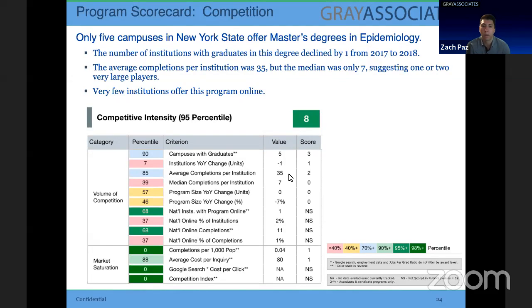Now, if you're going to be one of the larger institutions, you can base that number more on the average. But if you're going to be in the middle or lower in terms of your competitiveness in this market, you might be seeing a lower number of students. And we'll take a look at the actual completions in this market.